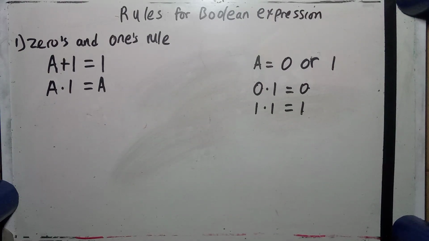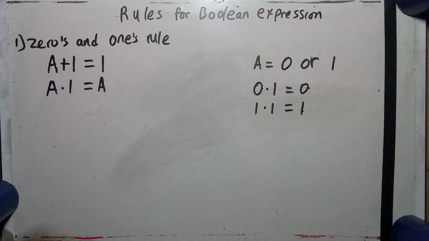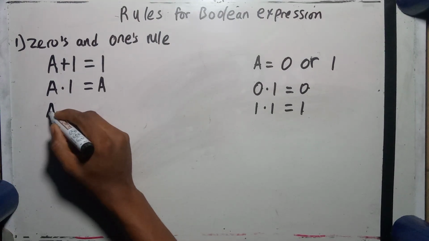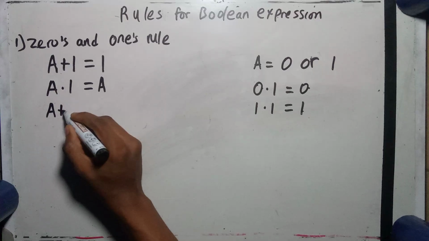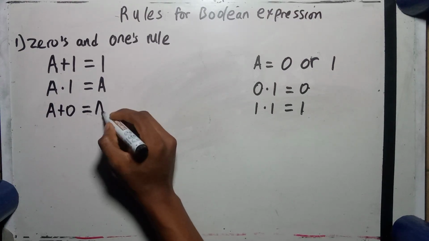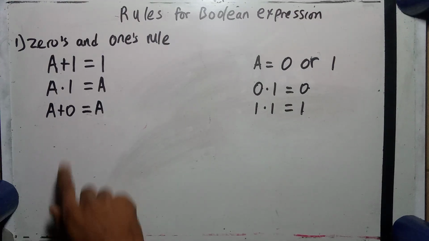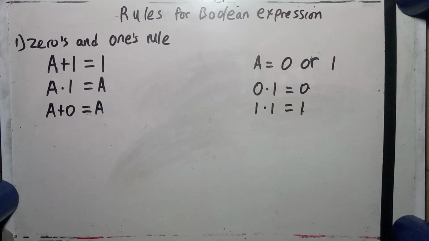Another one is that of our 0. We have done for the ones. Let us do for the 0. Now when you are adding an alphabet to 0, it will definitely give you that alphabet.